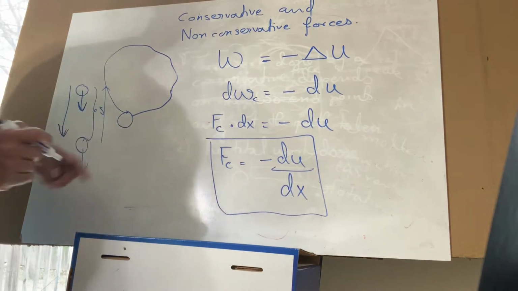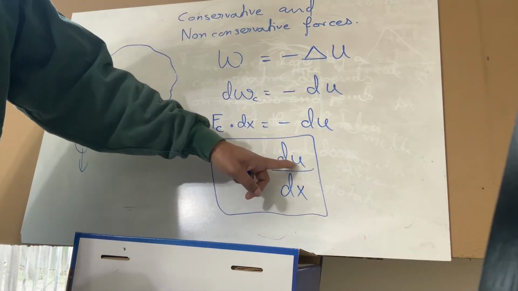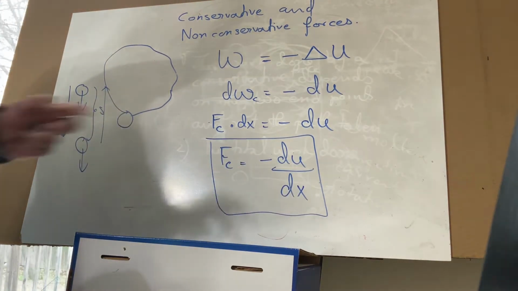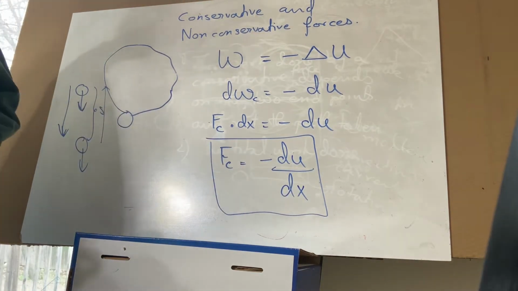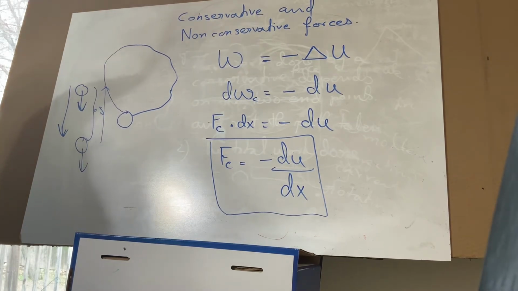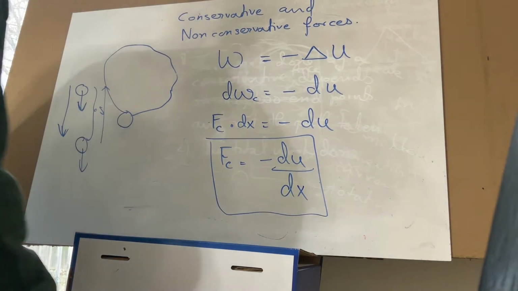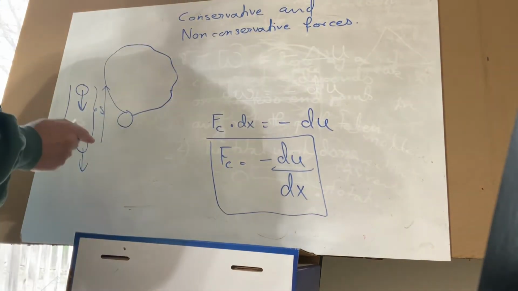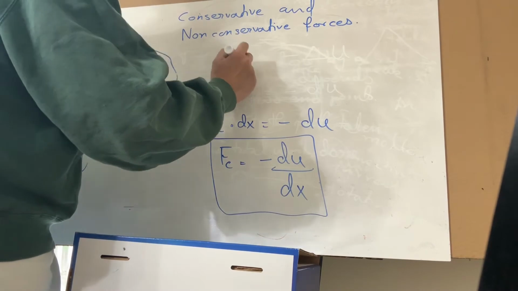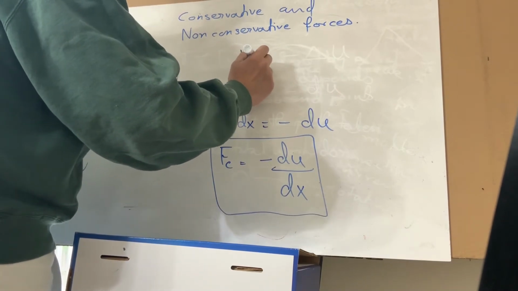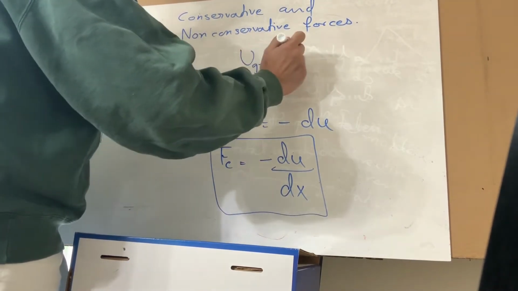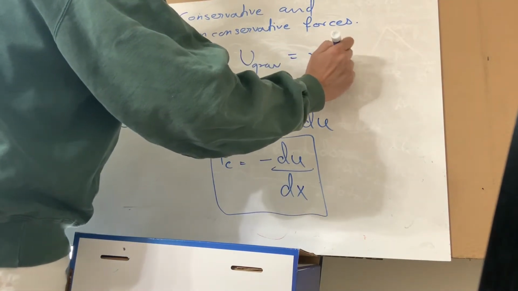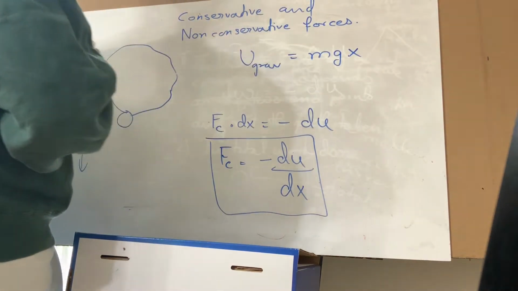So if you know the potential energy function and you take the derivative of that function with respect to x, you can actually recover that conservative force. For example, what is potential energy due to gravity? It is equal to mgx.